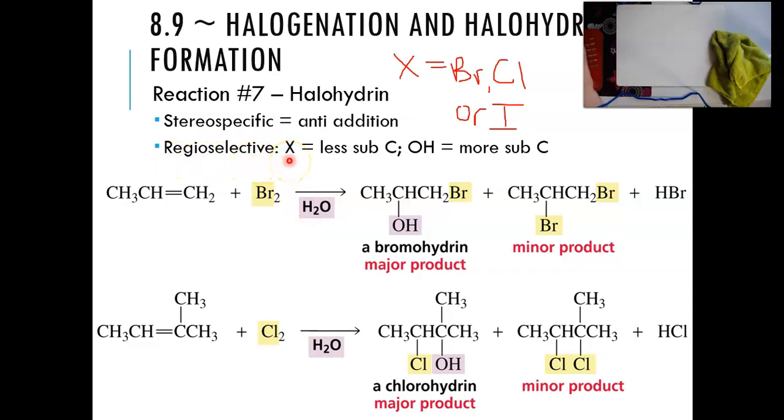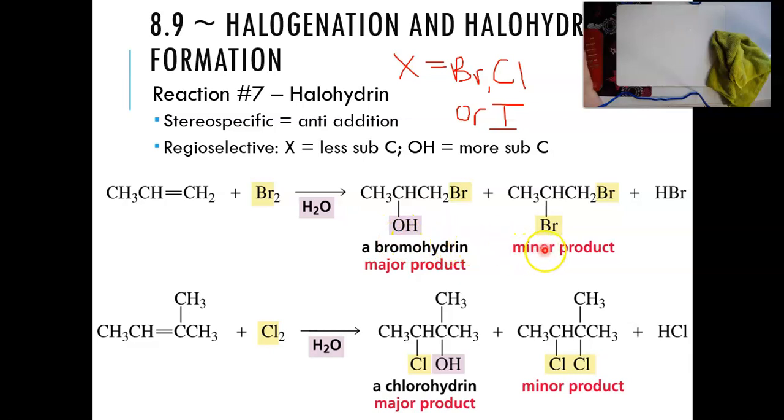Regioselectivity: the halogen is going to go to the less substituted side, and the oxygen will go to the more substituted side. So here's our alkene. This would be our less substituted carbon. This is our more substituted carbon. So there's our halogen adding to the less substituted side, and here's our alcohol adding to the more substituted side.